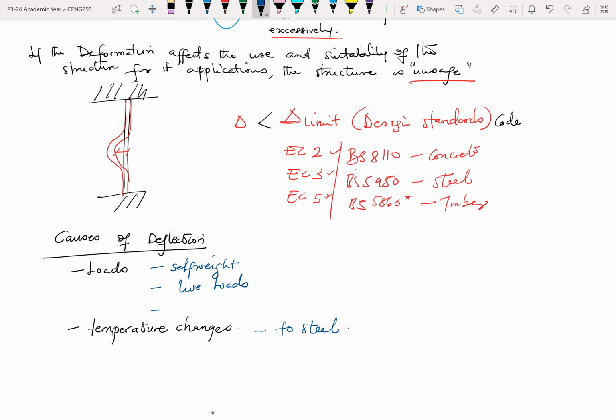So where there's a fluctuation in the temperature, mostly between day and night, you realize that for steel structures or for any material made from iron, it expands when the weather is hot, and then it contracts when the weather is cold or when the temperature has dropped.